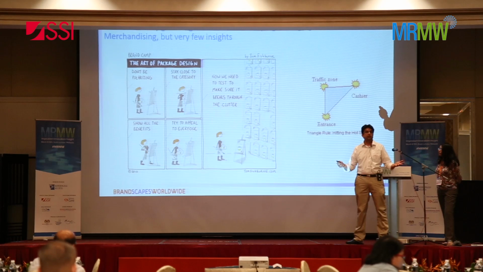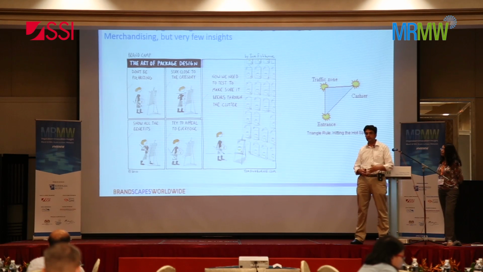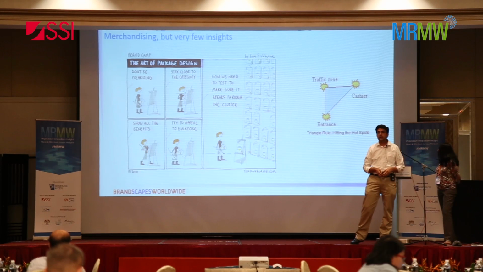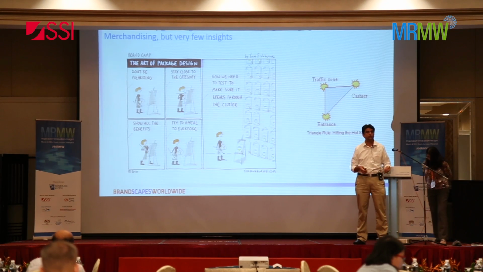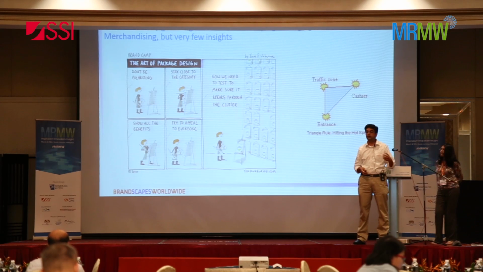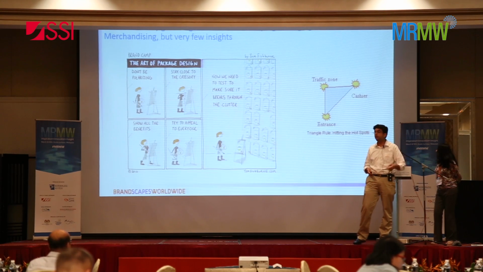There are a lot of general guidelines, especially in the development of visual merchandising and packaging. Even in the store, they say shoppers shop from left to right, eye level, top down, the golden triangle. There are a lot of such general rules on how you manage visual merchandising in store, but really there are not enough insights that can tell you what you need to do in your store to do better.